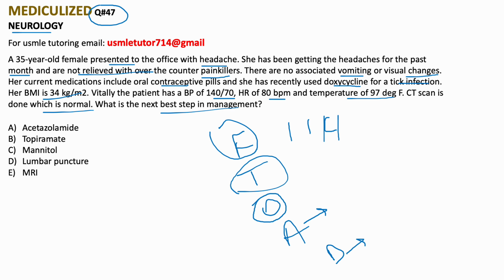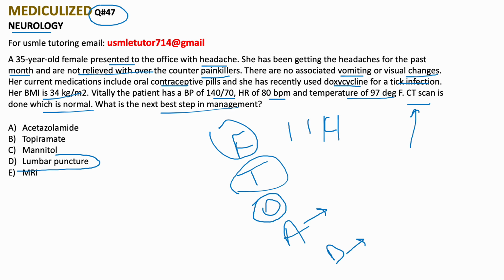Now, the next step in management is CT scan or brain imaging, could be MRI, which is already done, and usually it will be normal because you want to do CT or MRI to rule out intracranial mass, and here intracranial mass is ruled out. So once you rule out the intracranial mass, you have to then confirm it, and the confirmatory test is LP.